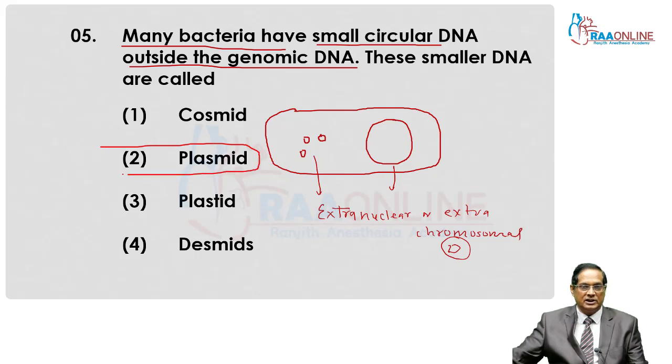This mistake is often made by students if they are in a hurry. Though I know the correct answer, in a hurry, by mistake I gave the answer plastids. That's why please be careful while attempting the paper. The correct answer is plasmid, not plastids.